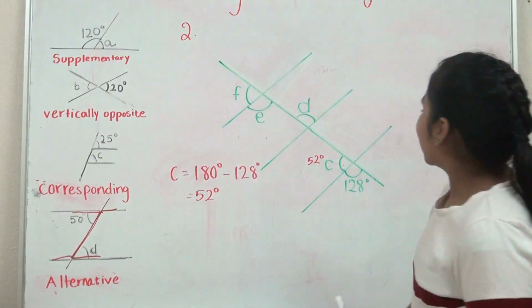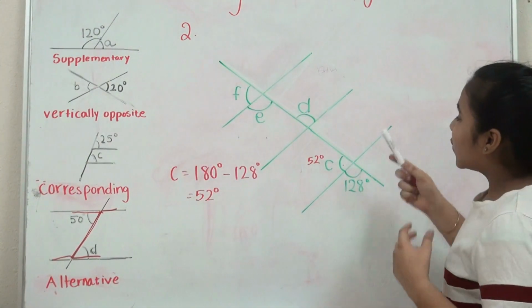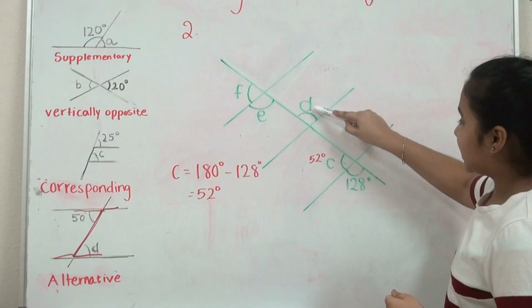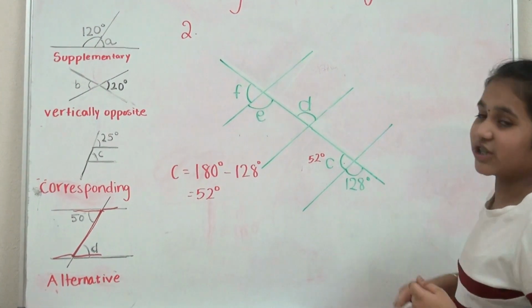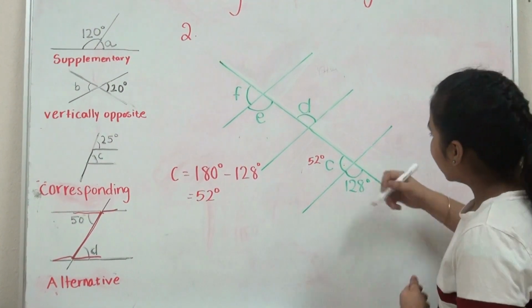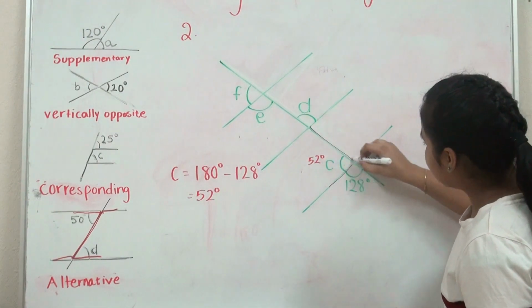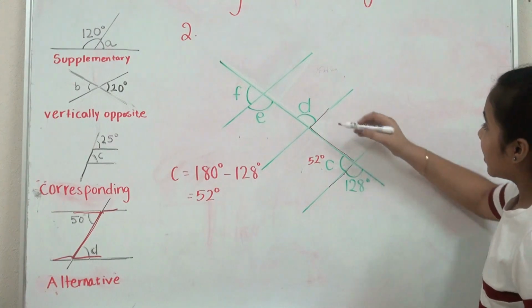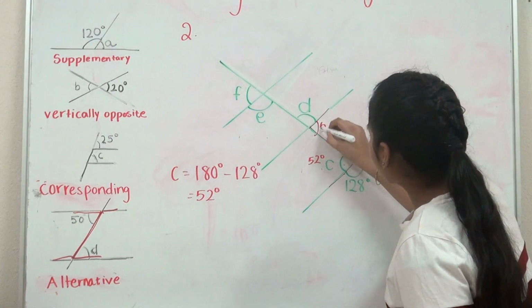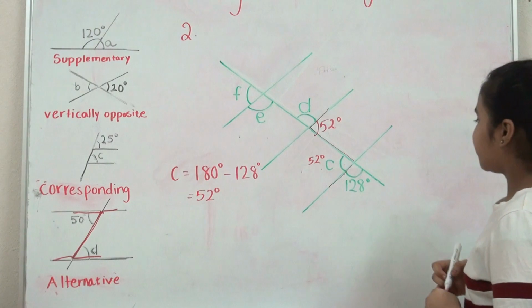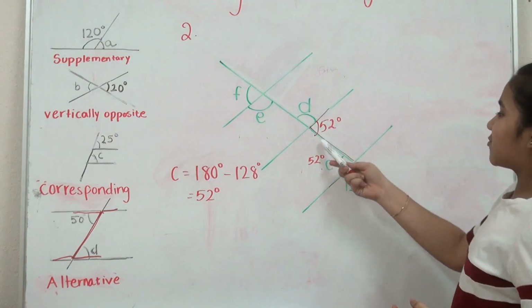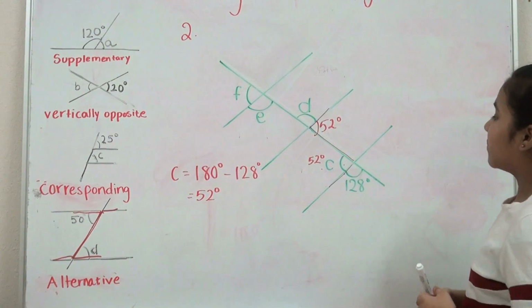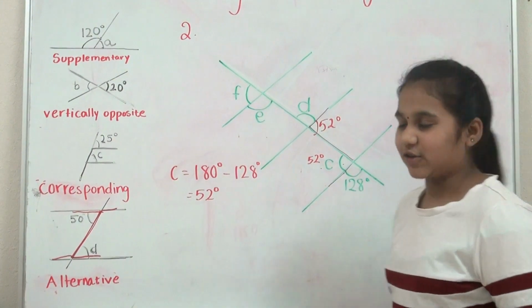Now, to find D, we have 2 ways. Either we find D by using the alternative angle. As you can see, we can find a Z here. So if this angle is 52, this angle would also be 52 degrees. And then if we subtract 52 from 180, we find D. The other way is by using corresponding angles.